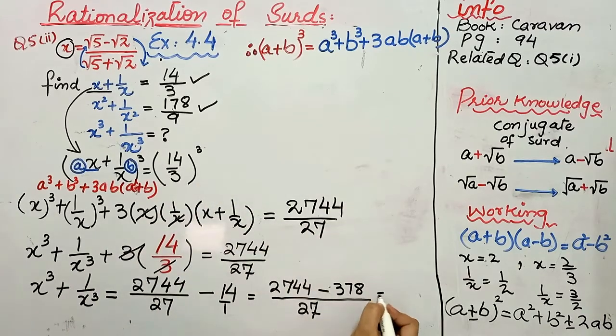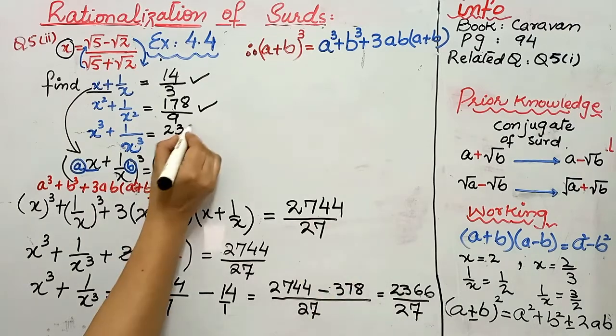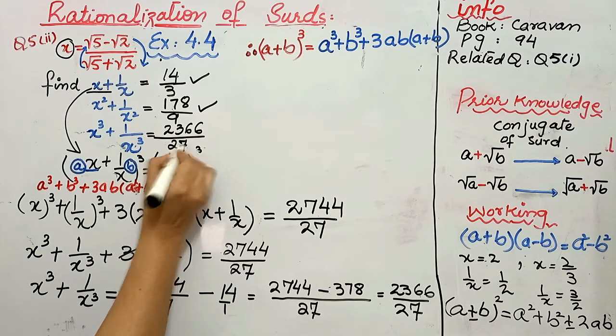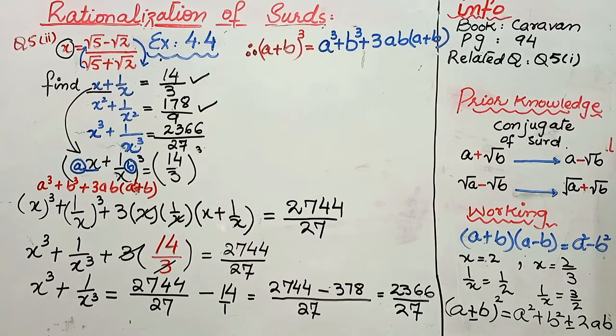And if we subtract them, 2366 divided by 27. I hope you have understood question number 5, its second part.